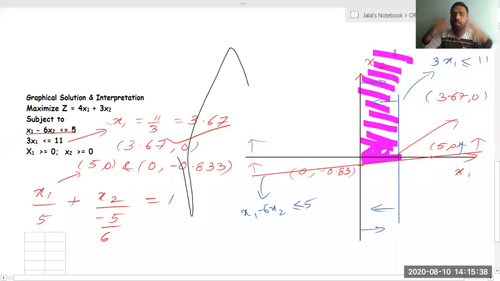I hope everyone is getting it. It will go from x2 equal to 0 to x2 equal to infinity, and x1 from 3.67 to infinity. I hope you're getting it. This will just keep on extending.